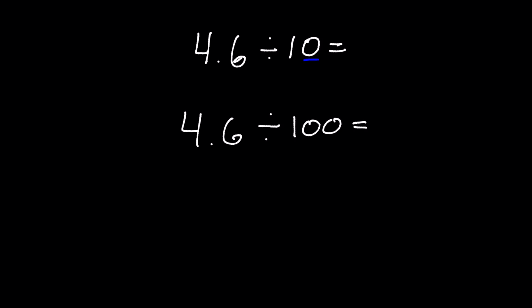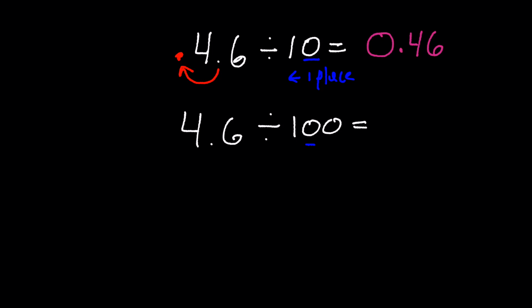How many zeros do we have? Just 1. So it's going to go one place to the left. Our decimal moves one place over here, it goes in front of the 4, and our answer ends up being 46 hundredths.